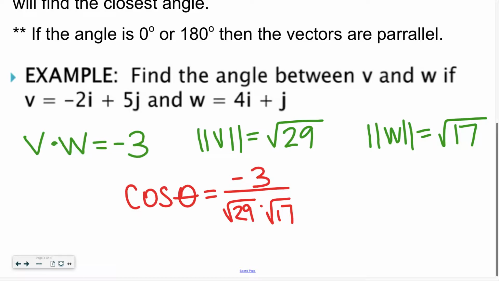If you plug in negative 3 divided by radical 29 times radical 17, it's going to do the division and multiplication from left to right. So please make sure you get those in parentheses, otherwise your calculator is going to give you an error. Okay?